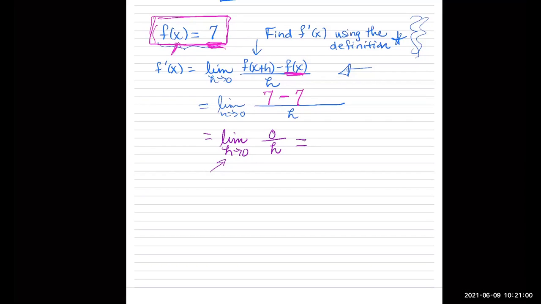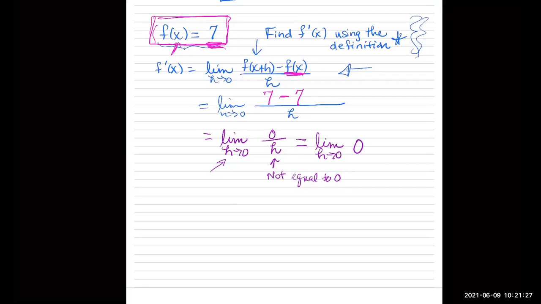And as we get close to 0, notice this number is not equal to 0, right? It's either to the left of 0 or to the right of 0. And if we put 0 over any number that's not equal to 0, that actually simplifies to 0. We have 0 over something other than 0.